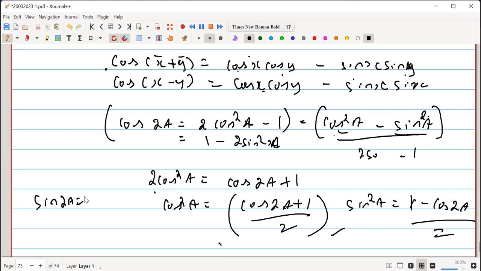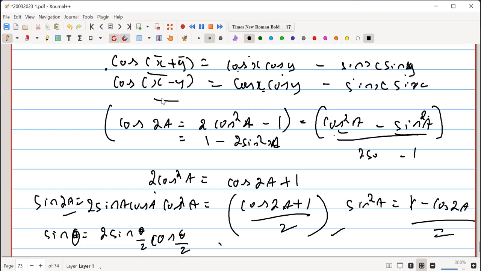Sin 2a will be 2 sin a cos a. So sin theta would become 2 sin theta by 2 cos theta by 2. This is known as sub-multiple angles. This is multiple angles, like 3a. All these are concerned with these formulas. Cos 3a, cos 2a plus a, they will apply these again.